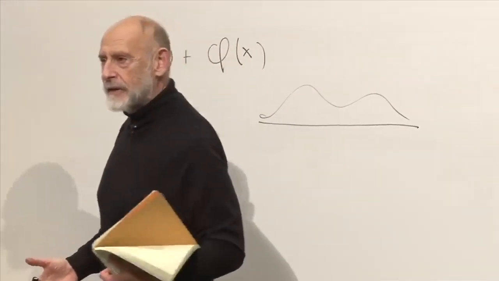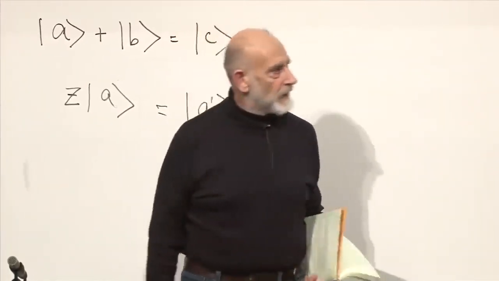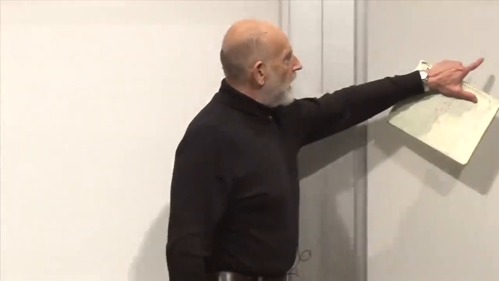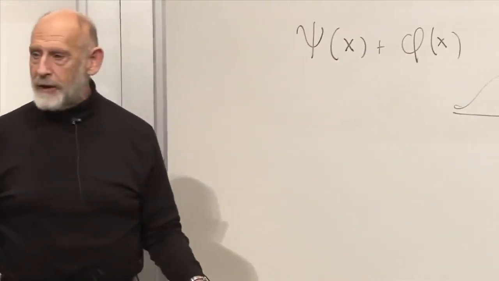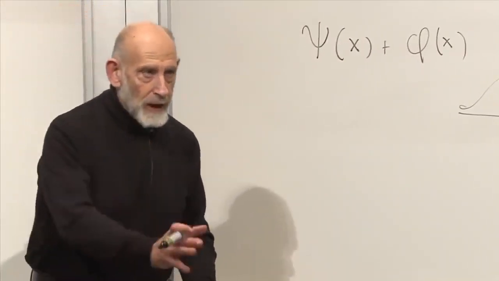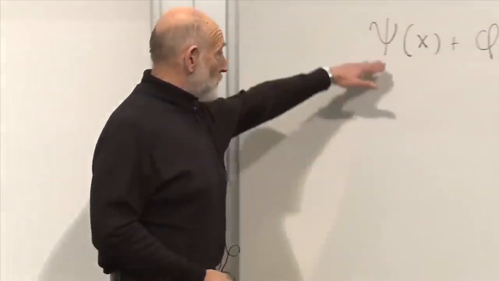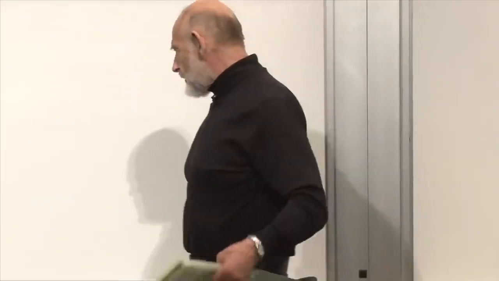Certainly. Can you multiply a complex function by a complex number and get a complex function? Yes. So functions form a vector space. Now that's a complicated idea, and I don't want to get that complicated yet. So let's erase that from the blackboard.